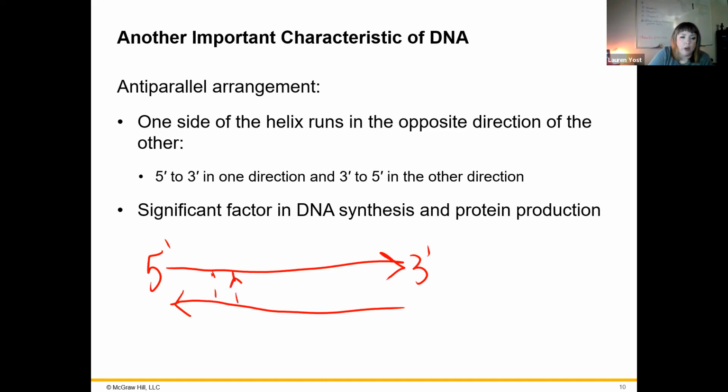So, A goes with T and C goes with G always, back and forth down the entire length. So they're complementary to one another. But anyways, this is 5' over here, and this is 3' over here. So that's what it means by anti-parallel. That's based completely on the last carbon of the sugar at the end.